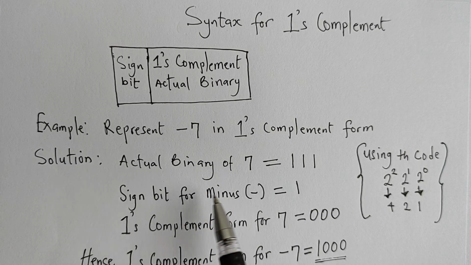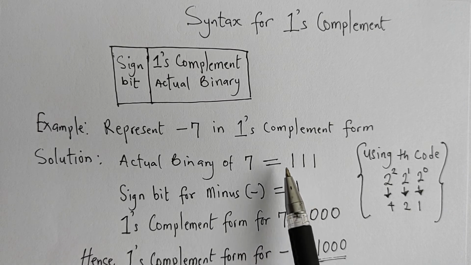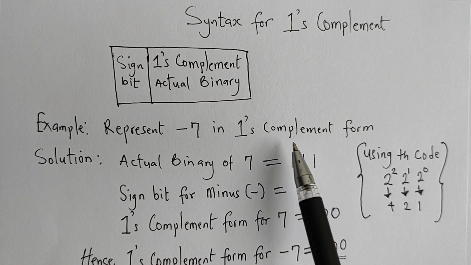The next thing we need to do is to find the first complement, also known as the 1's complement form of 7. The 1's complement form of 7 is nothing but taking the inverse of the binary numbers. So we're actually taking the inverse of the magnitude bit.